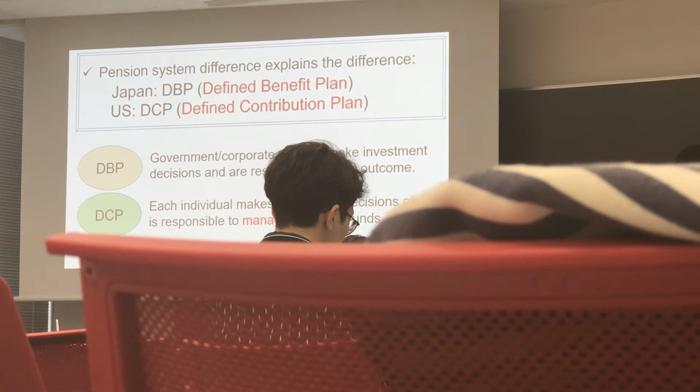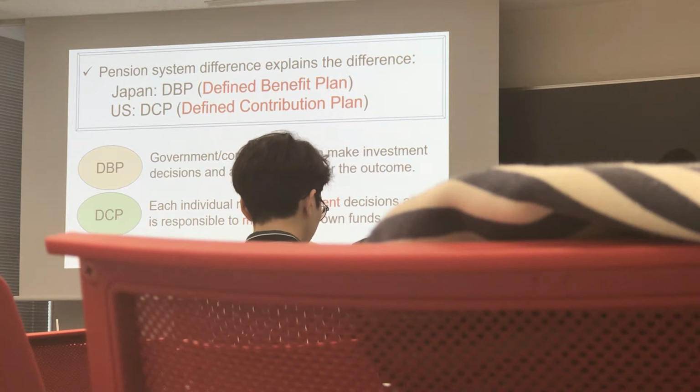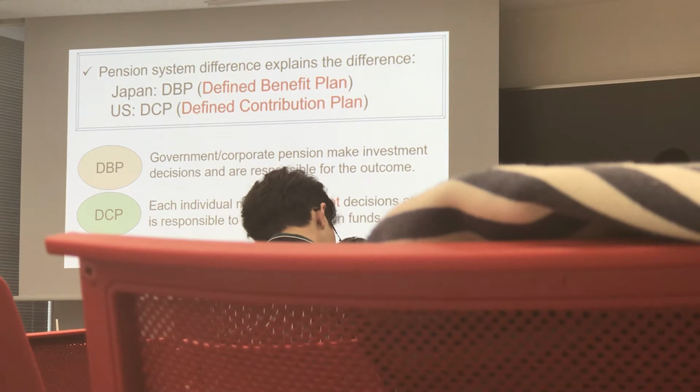In 1980s, US reformed pension systems to promote DCP, defined contribution plan, instead of DBP, defined benefit plan. DBP's investment decisions are done by companies or the government, and the DCP forces individuals to choose how to manage the fund. So please make sure you understand the difference of DCP and DBP. Who is responsible for the investment decision, how to manage the pension?